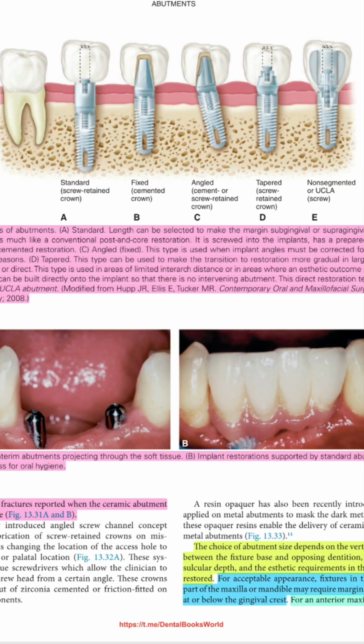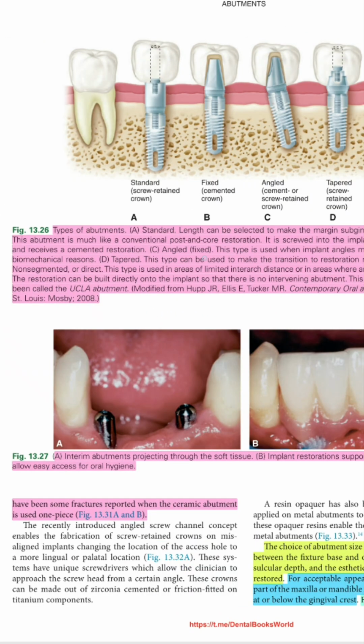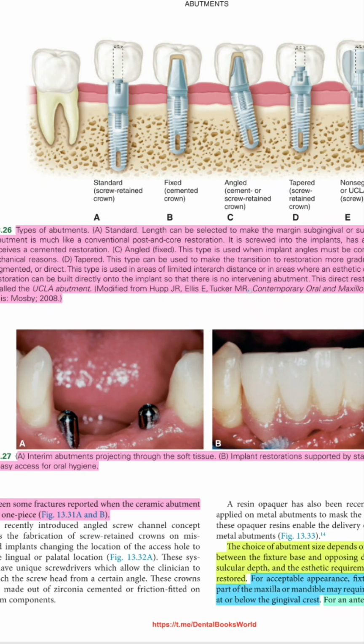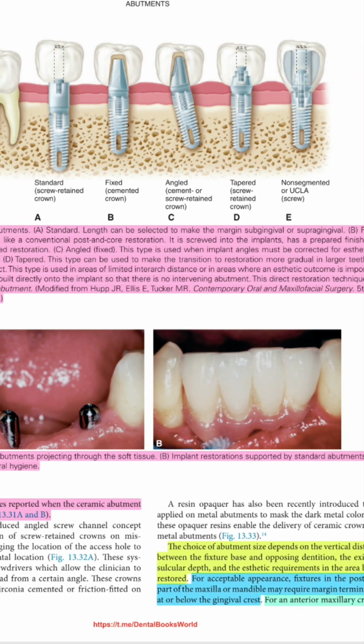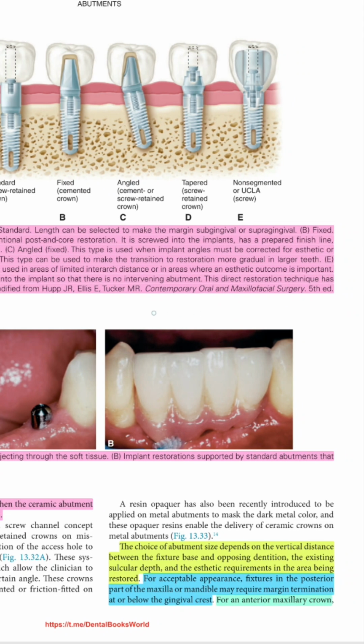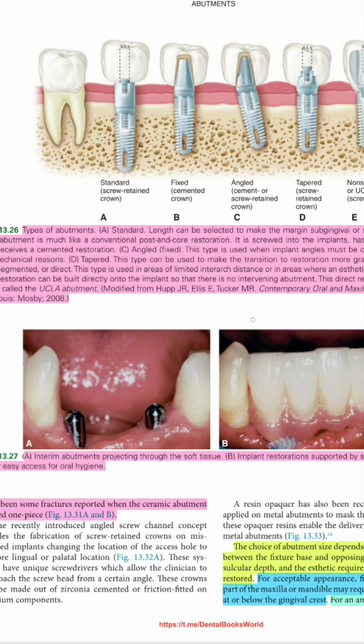If it is screwed into the implant, we have a prepared finish line and it receives a cemented restoration. As for C, which is the angled, it can be screw or cemented, and when we have to correct the implant misalignment, we use an angled abutment to correct for aesthetic or biomechanical reasons.